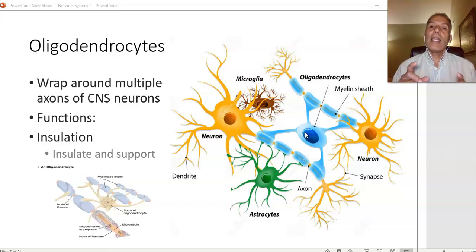And one single cell insulates multiple neurons, or the axons of multiple neurons. As you could see here, this cell is providing insulation for one neuron on one side, and then insulation for the other, and it can insulate hundreds of neurons coming around.